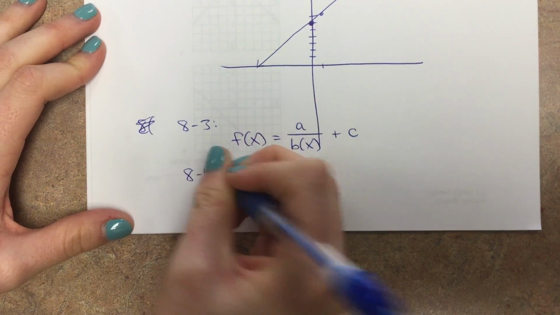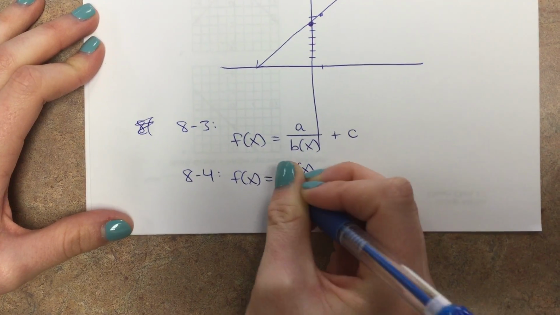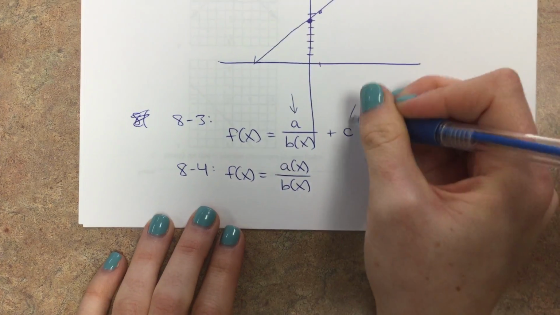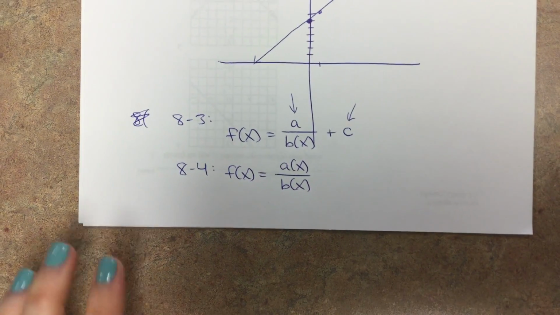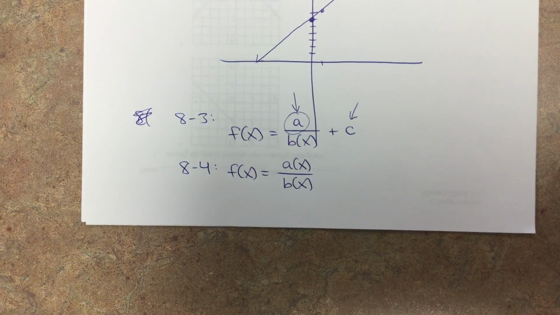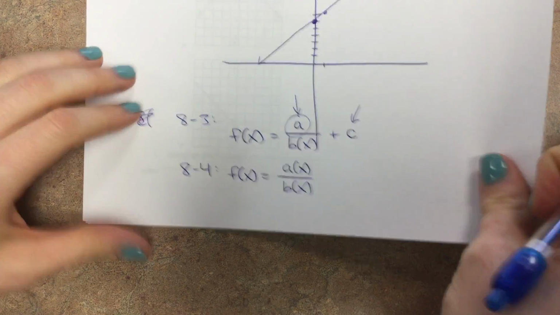The 8-4 functions, we had some sort of expression in the numerator, some sort of expression in the denominator. But for 8-3, this is just a number, and then you're usually going to have some sort of number at the end. This is the easiest way to tell them apart. If it is just a number in the numerator, then you're doing it the 8-3 way, where we do vertical asymptote, horizontal asymptote, and then transform those 2 points. So let me give you an example of that.